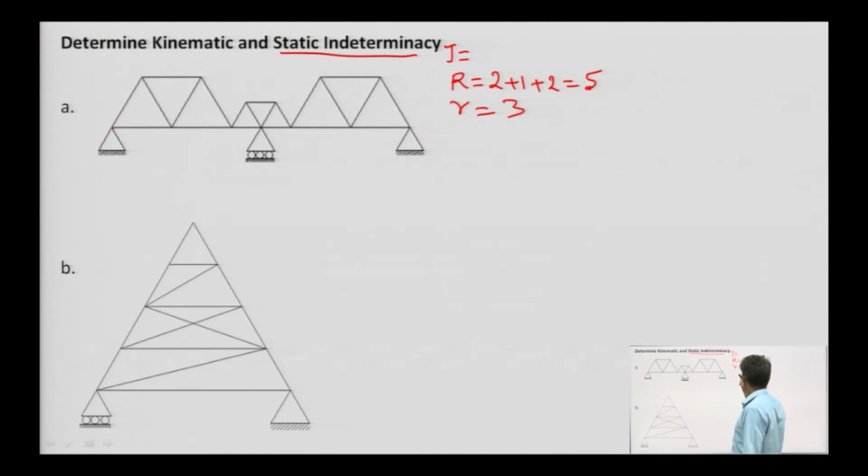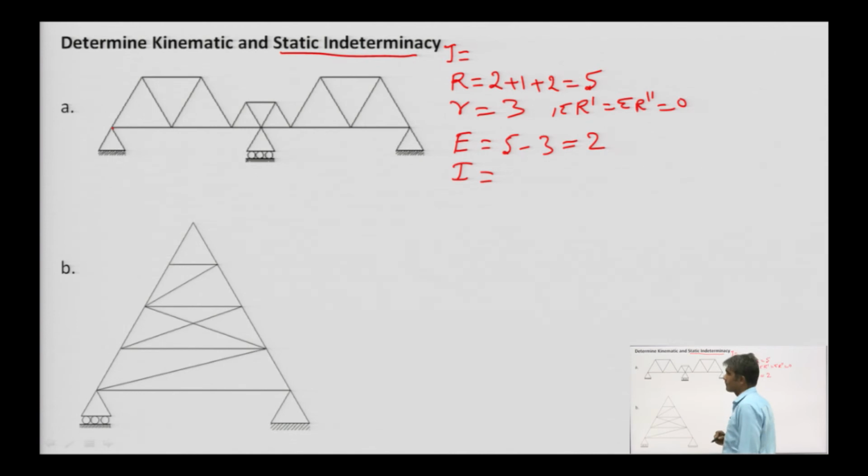So, value of E, sum of R dash equals sum of R double dash, in this case it is 0. So, 5 minus 3 is equal to 2. And what will be the internal indeterminacy? In this case it will be 0 without any calculation.